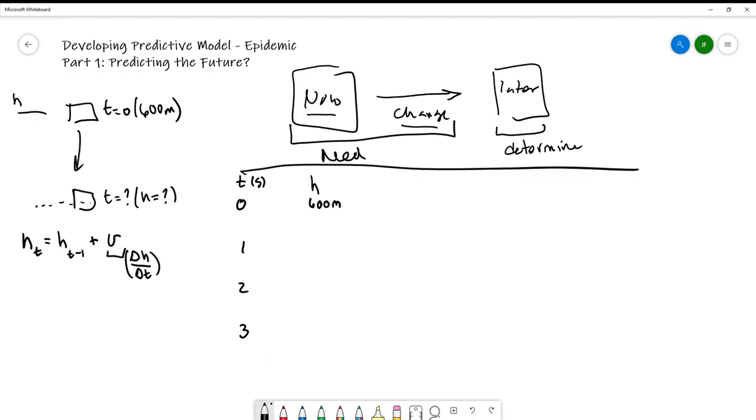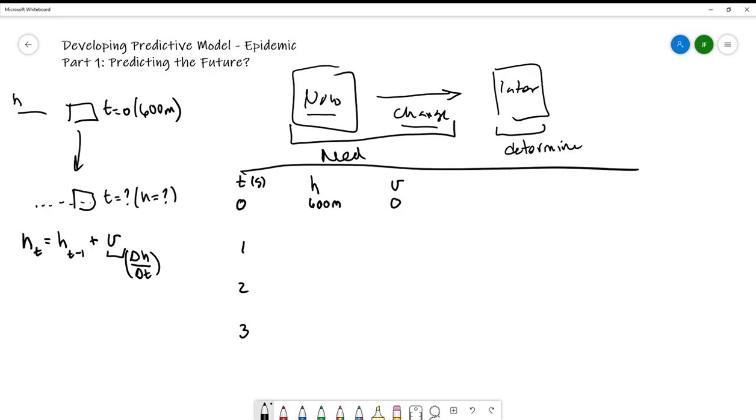And so we'll also need to know the velocity. And at time 0, if we just have the brick at 600 meters and we let go of it, that velocity is 0. If that's the only thing we consider, then 600 meters plus 0, at 1 second later, its position is still 600 meters. And actually that doesn't make any sense because it's got to fall.